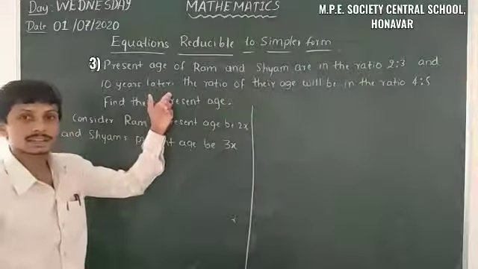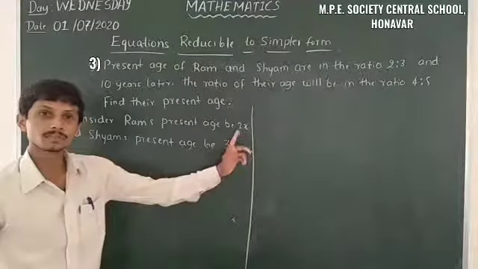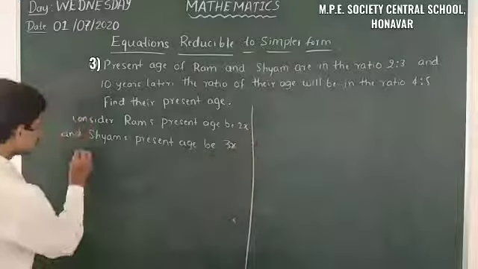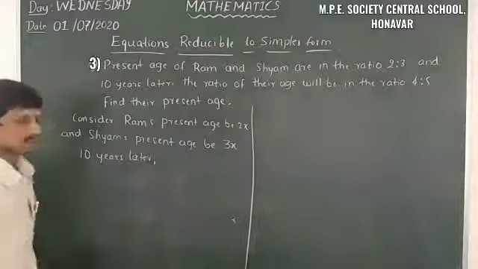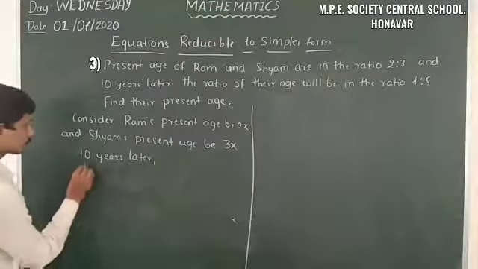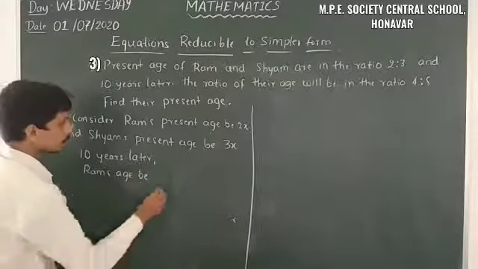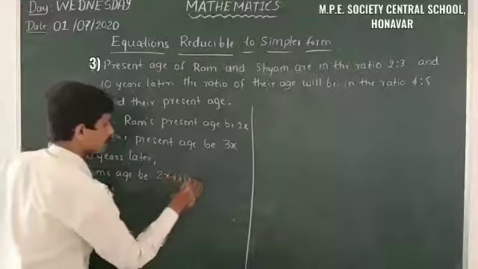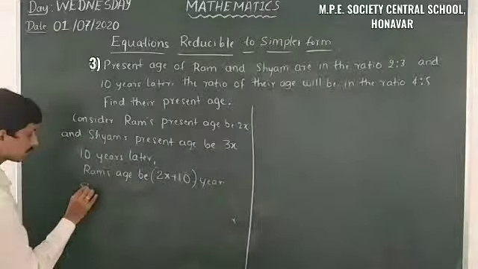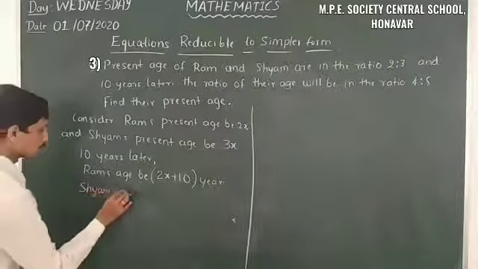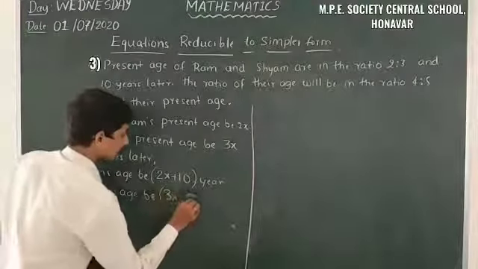10 years later means we have to add 10 to both their ages. So what happened 10 years later? 10 years later, Ram's age will be 2x + 10 years and Shyam's age will be 3x + 10 years.